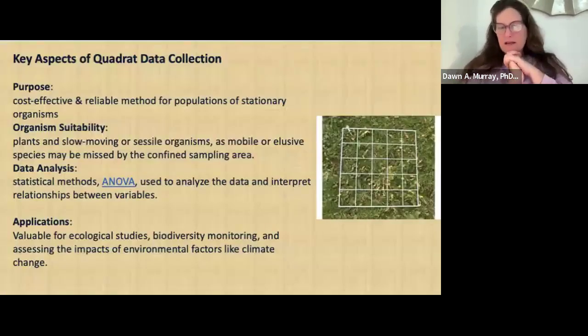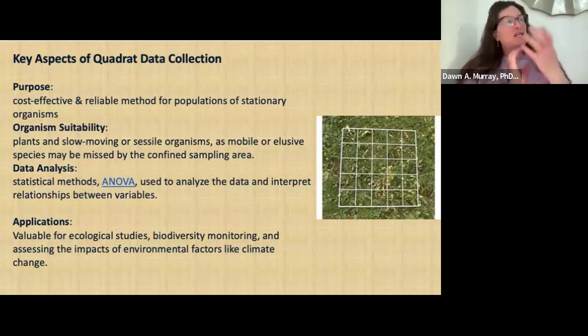So here are some key aspects of quadrat data collection. It is cost effective and reliable for populations of stationary organisms. So it's good for plants and slow moving creatures, while mobile or elusive ones could be missed. You're not going to use quadrats to look at squirrels because they're not going to be sitting in your quadrat.